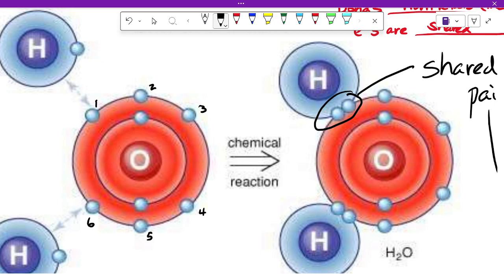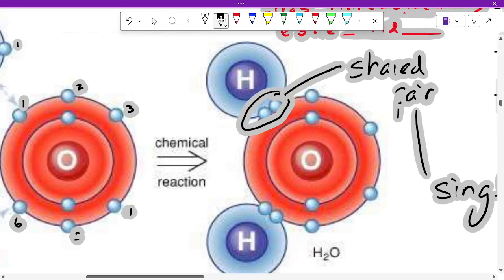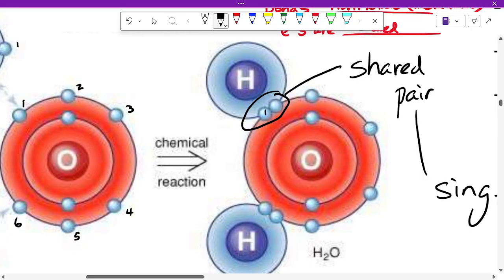It wants 8. How many does hydrogen start with in its outer shell? 1. How many does it want? 2. So let's see, how many does hydrogen end up with? 1, 2. Yeah, so 2 for hydrogen, and then how many for oxygen? We got 1, 2, 3, 4, 5, 6, 7, 8.